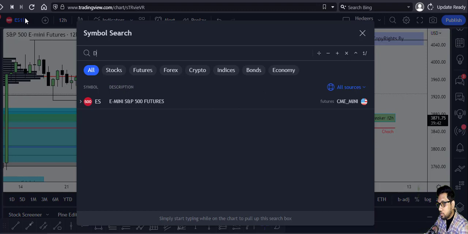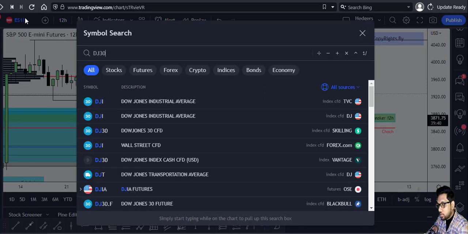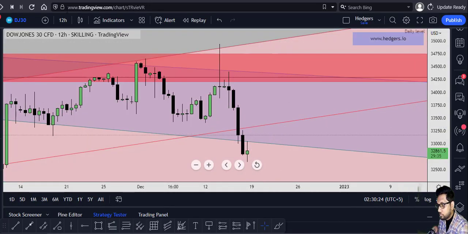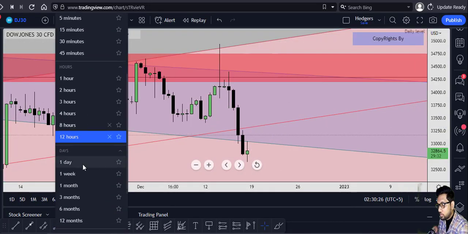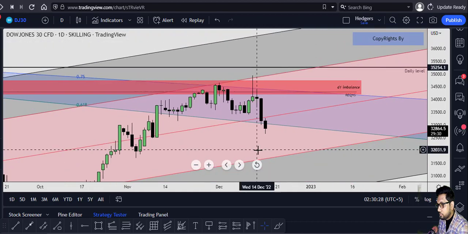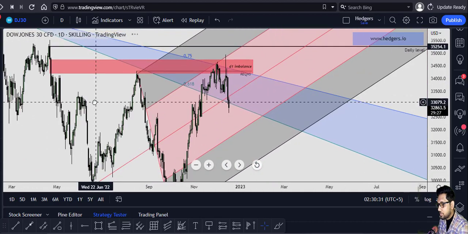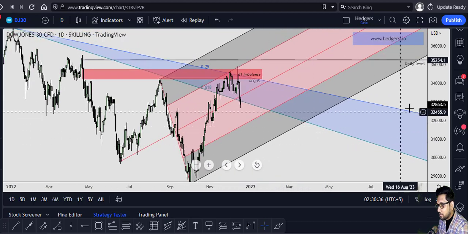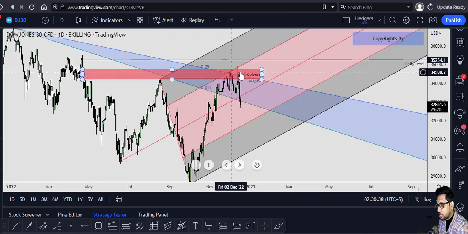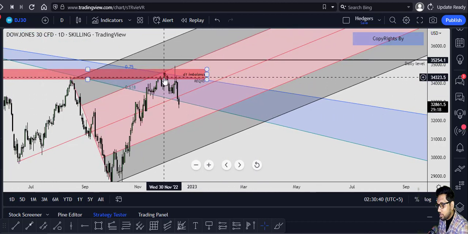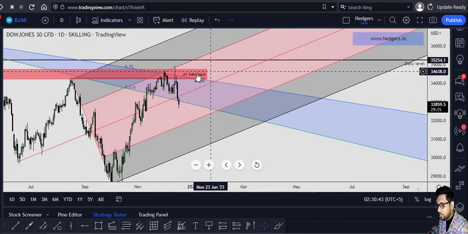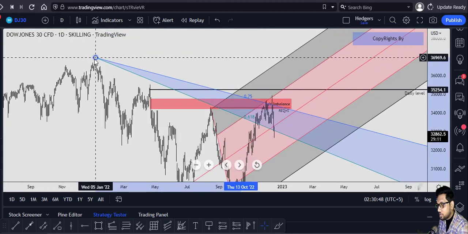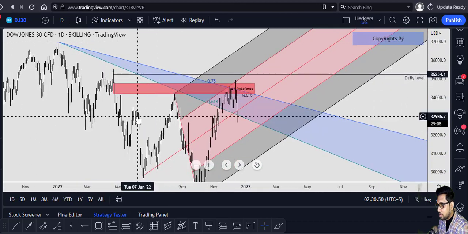Let's take a look at Dow Jones. Whoa, very nice. Rejected exactly from the relatively equal highs, daily imbalance, the resistance fan, everything aligned.